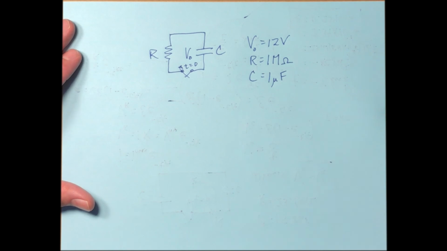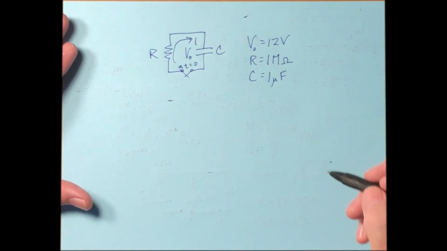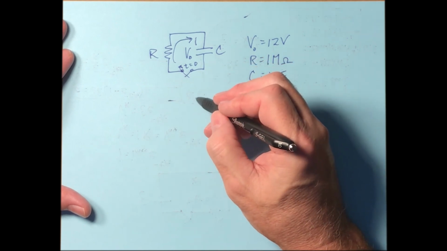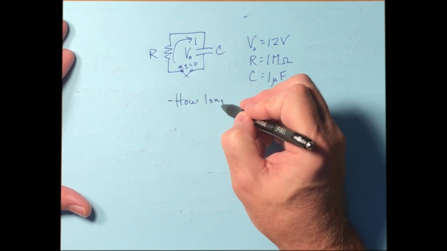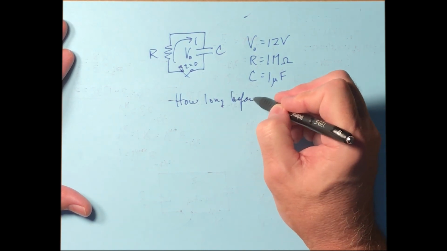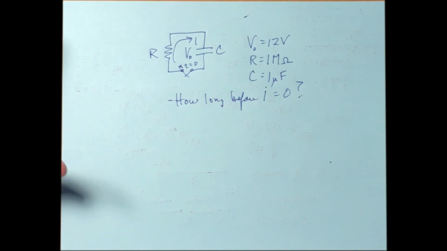The question is now, at t equals 0, current begins to flow, I. How long before I equals 0? In other words, how long before I dies? It finishes doing whatever it's going to do.